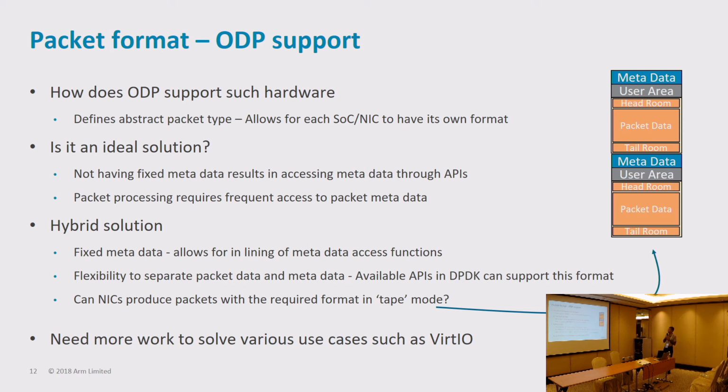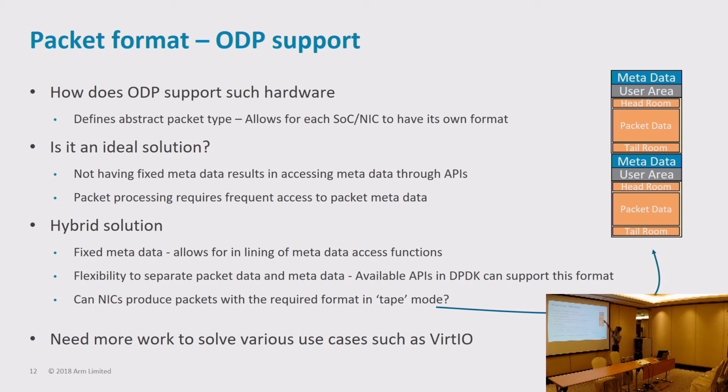The other question I would like everyone to think about is, can we have NICs that produce packets with the format that we want, like a DPDK format, for example, in the tape mode? That is, the packets coming out of the NIC are already in this format.